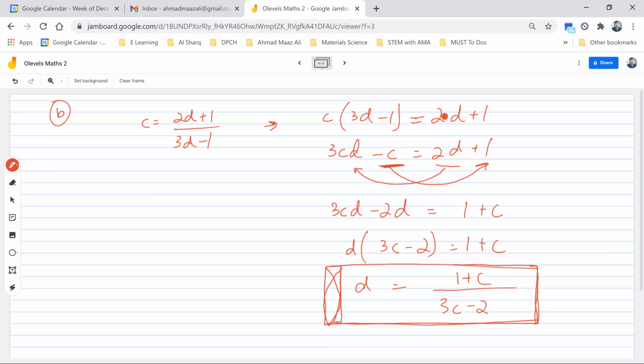Hafsa, did you get how to do this B part? Yes. What was the difficulty that you were facing in this? I didn't know what I did. Okay, don't worry. Ali Mansoor, what about you? Were you able to do this? Yes, sir. Okay.